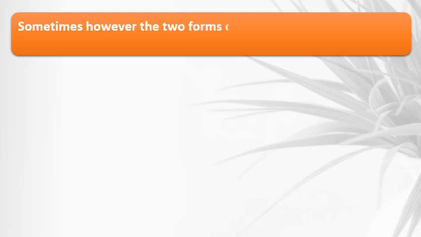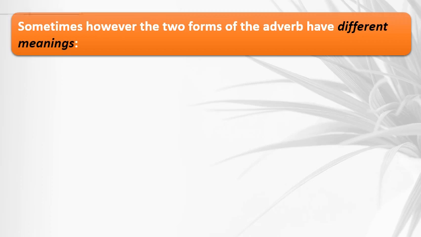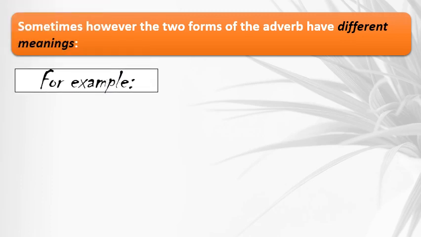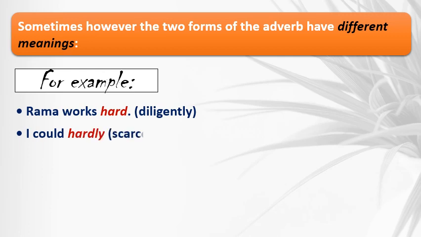Sometimes, however, the two forms of the adverb have different meanings. To clarify it, let's see some examples. Rama works hard. So here, the meaning of hard is diligently, that is careful and using a lot of efforts. Number 2, I could hardly recognize him.